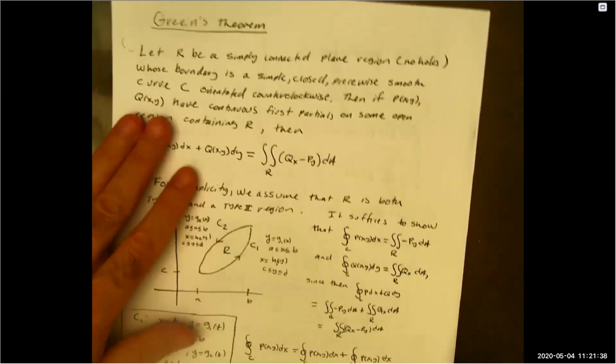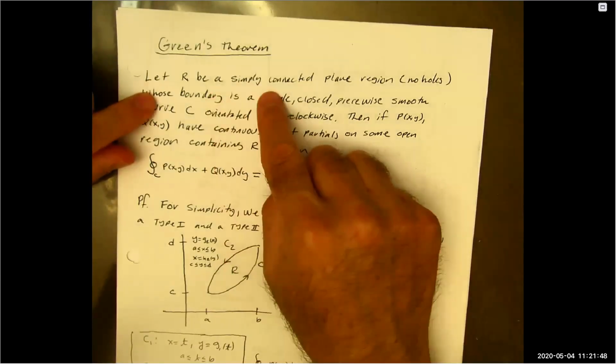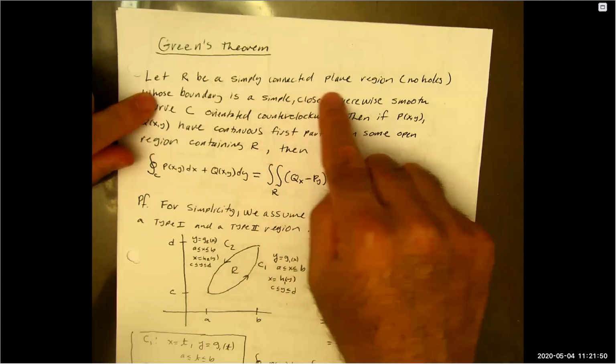All right, so I want to get started with Green's theorem. So we're going to talk about Green's theorem today. And let's first of all look at the statement of Green's theorem. So this is section 16.4 here. So we're going to let R be a simply connected plane region.